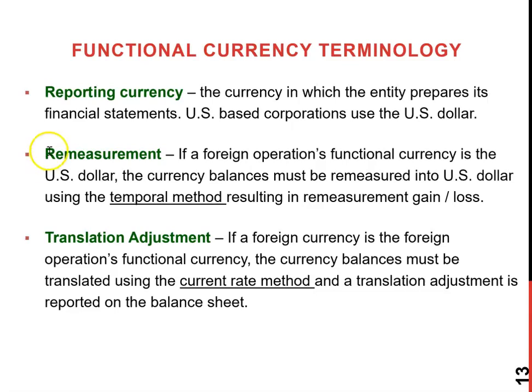That's why the term remeasurement is used for the temporal method. So again, remember all these terminologies. The US dollar is the functional currency, and the parent will be using the temporal method. Although the items are in US dollars, you still need to remeasure specifically some long-term assets or long-term items. That's why the process is called remeasurement, because we are remeasuring the dollar things again into dollars.